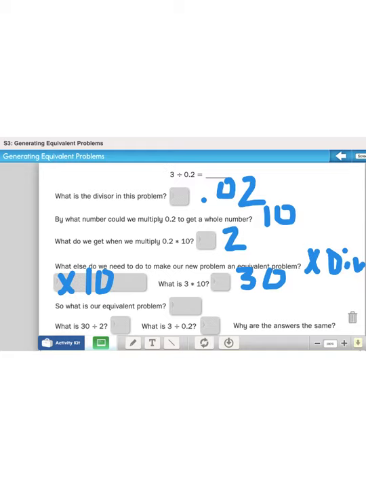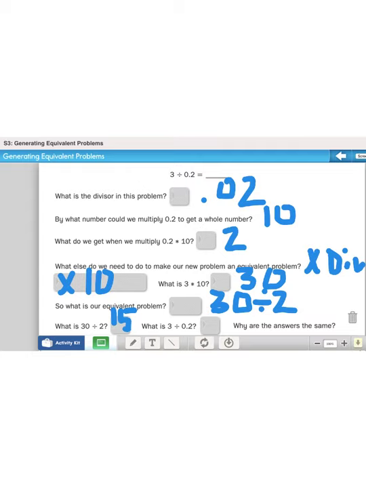So what is our equivalent problem now? Now our problem is 30 divided by 2, which we all can do in our heads. What is 30 divided by 2? It's 15. So now, what is 3 divided by 2/10?